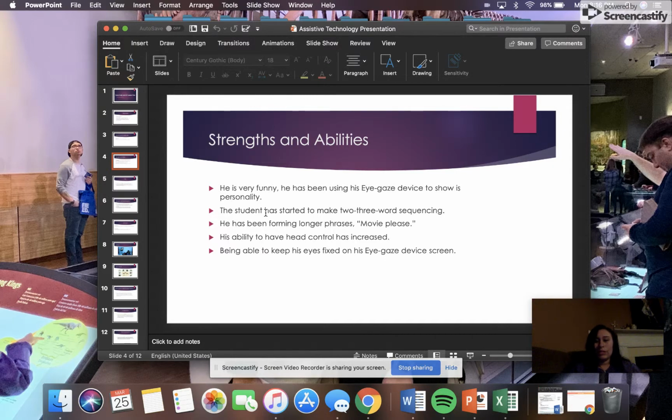The student has started to make 2 to 3 word sequencings. He has been forming longer phrases such as "movie please" or "I like to" sentences. His ability to have head control has increased and being able to keep his eyes fixed on the eye gaze device.